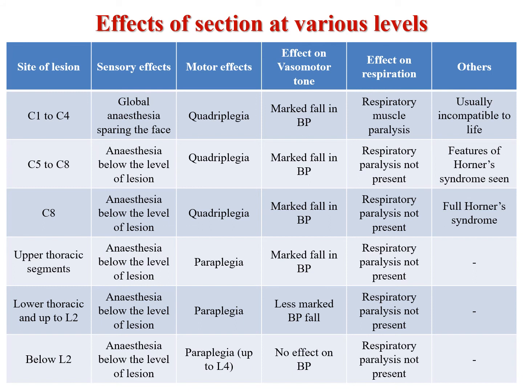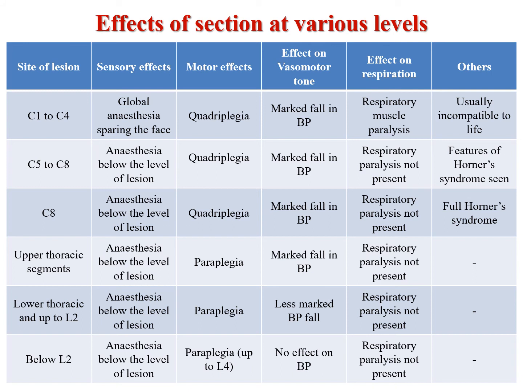It is characterized by miosis, that is constriction of the pupil, enophthalmos, that is indrawing of the eyeball inside the orbital socket, pseudoptosis, that is drooping of the eyelids because the downward support from the eyeball is not there, hence the eyelids droop. Then anhidrosis of one half of the face, meaning loss of sweating from one half of the face, and loss of reflex known as the ciliospinal reflex.